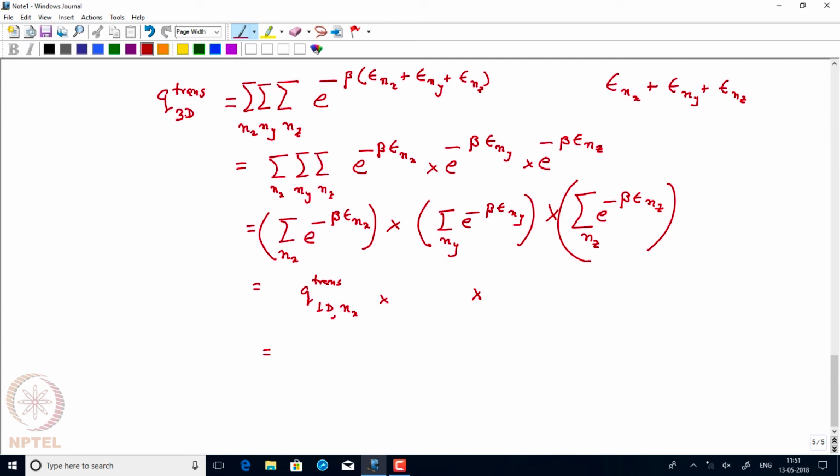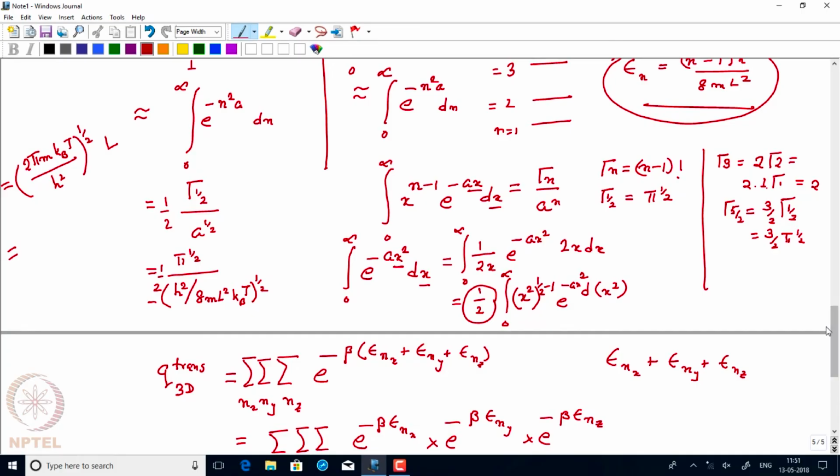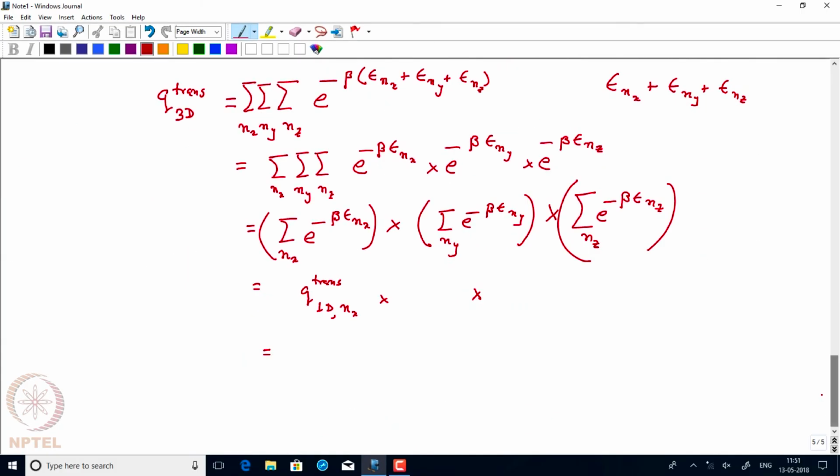So this is the 3D partition function, and each of them will give you the same value, 2 pi m kbT divided by h square raised to the power half into L. And then what we will have here is 2 pi m kbT divided by h square to the power 3 by 2 into Lx, where Lx is the length along x.